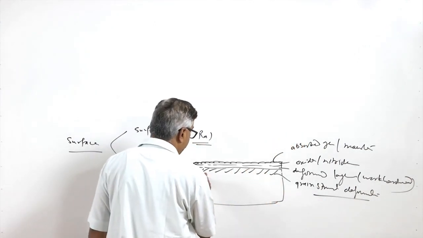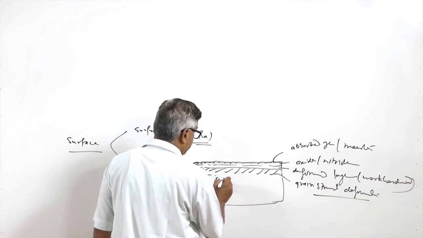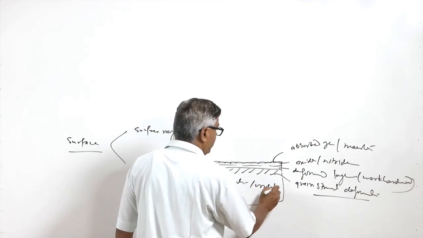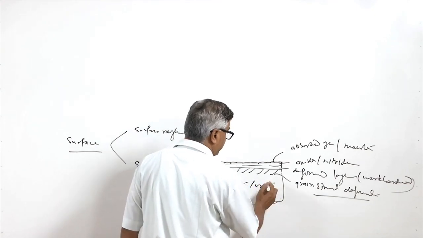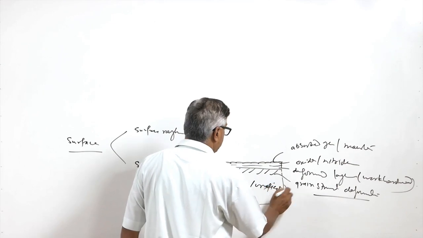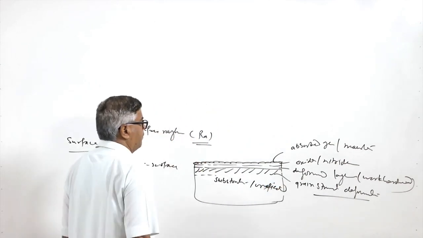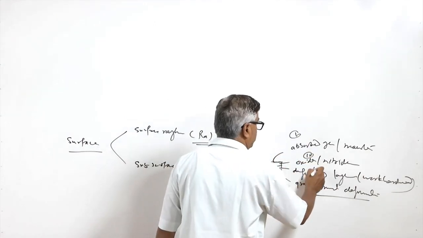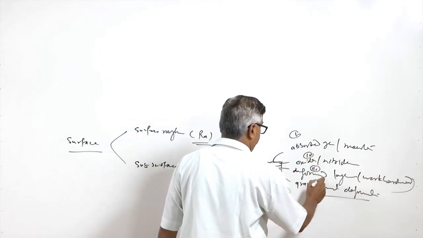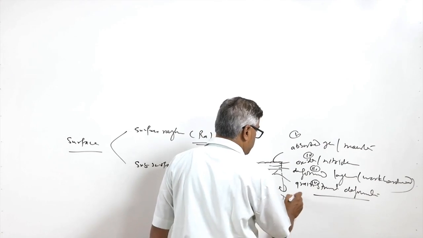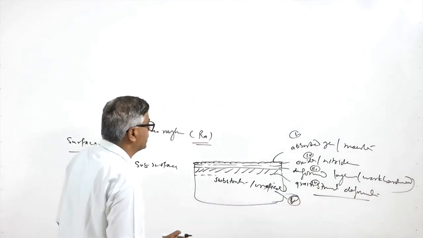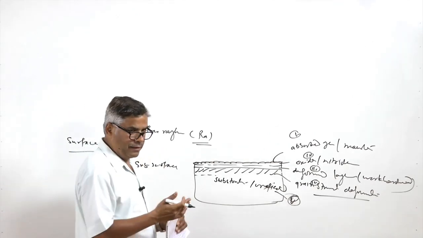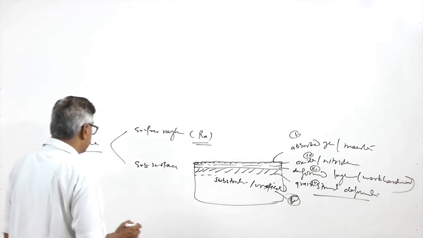Thereafter we have the substrate or base material, the undeformed or unaffected region. So any surface will have these five types of zones: 1, 2, 3, 4 and 5, the unaffected zone. In surface modification, either two or three zones are altered for modification of the surfaces.